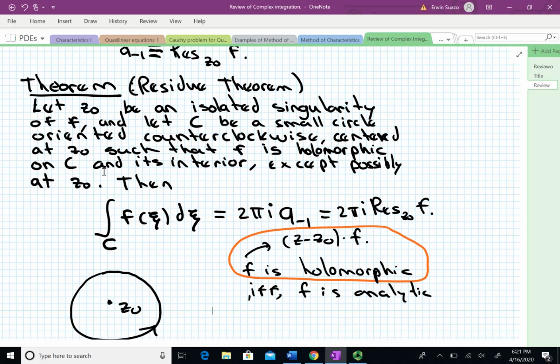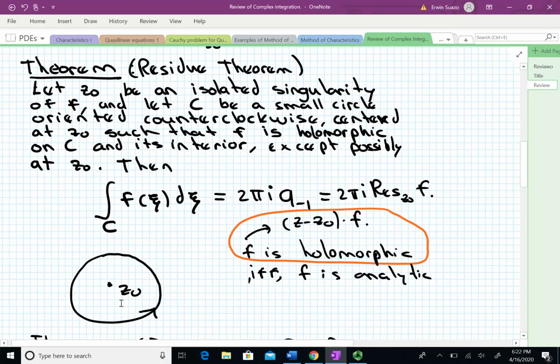Holomorphic means that you can work with those singularities, if you are careful. So it's holomorphic on C and at its interior, except possibly at c0. So it's analytic, maybe except at c0, so you have an isolated singularity.